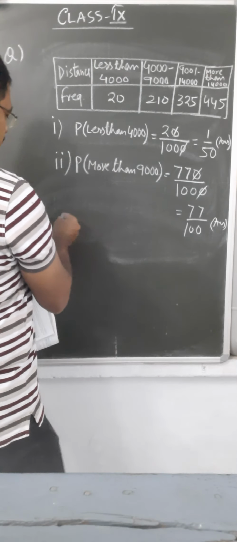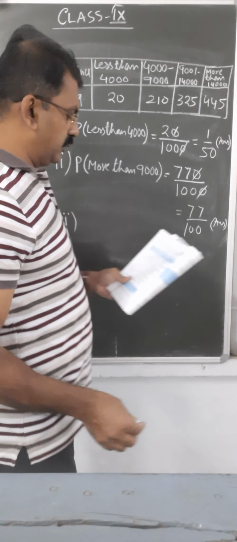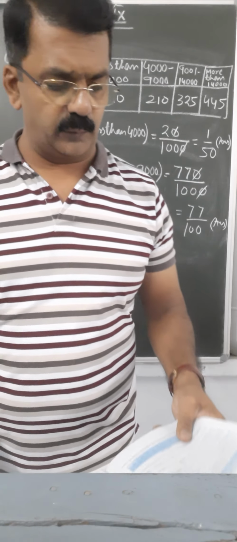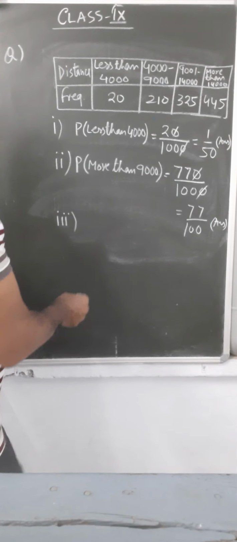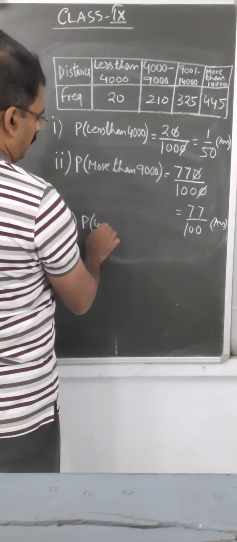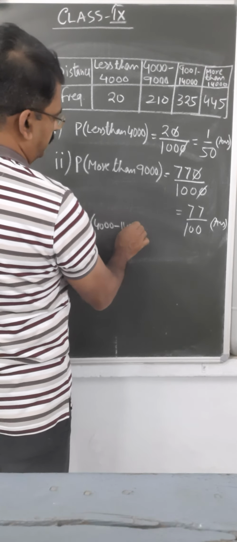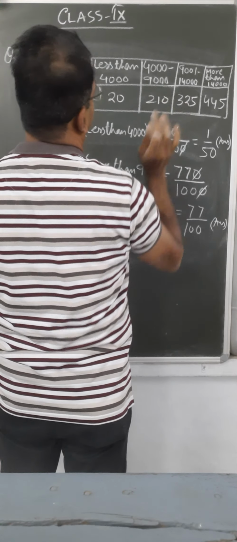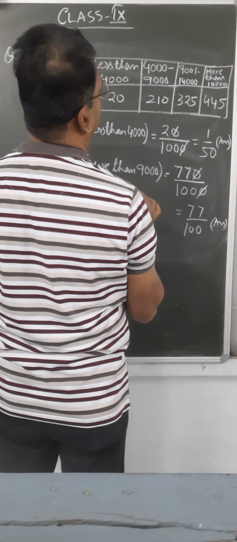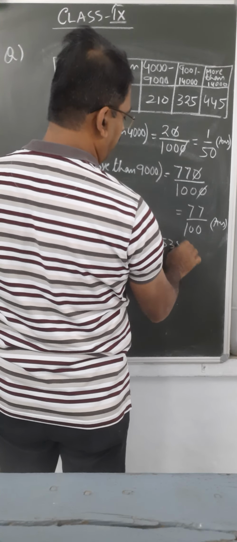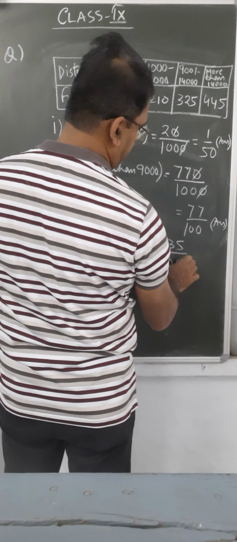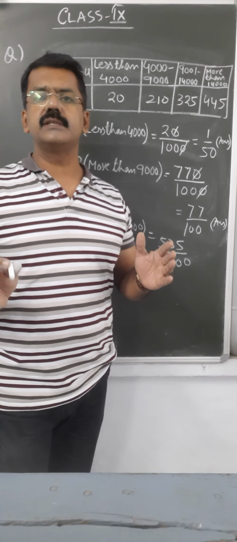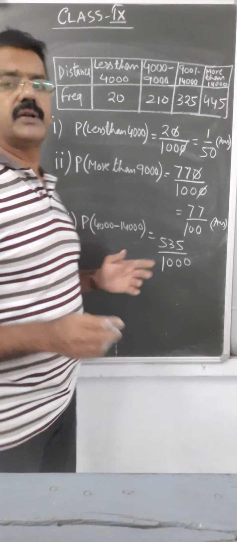The third part says you have to find the probability that the tire has to be replaced after it has covered somewhere between 4,000 and 14,000. So the favorable outcomes now will be 210 plus 325, which gives you 535. The favorable outcome will be 535 and the total outcome is 1,000, because 1,000 cases are there.